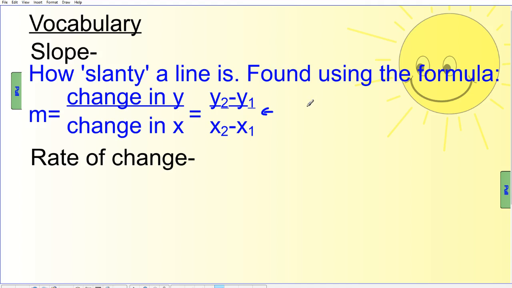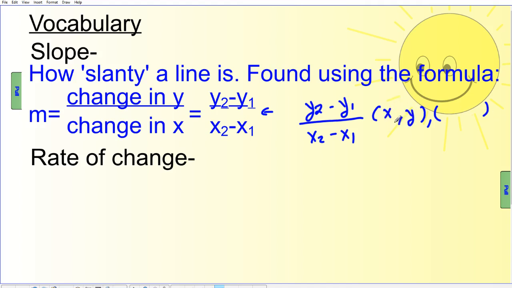The slope formula is y2 minus y1 over x2 minus x1, where these y1 and y2, x1 and x2, come from 2 points. When you have an ordered pair, the x value comes before the y value.